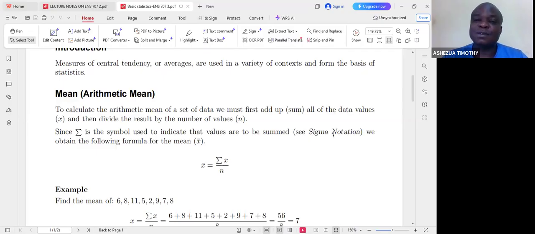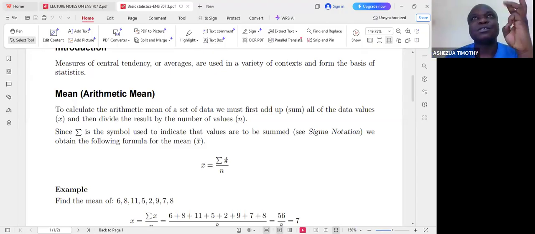In Greek, we call it sigma. In English, we call it summation. We obtain the following formula for the mean. X bar mathematically is what we use in representing mean. So sum of X simply means you sum all the values in a set of distribution, you divide it by the number of values in that distribution.